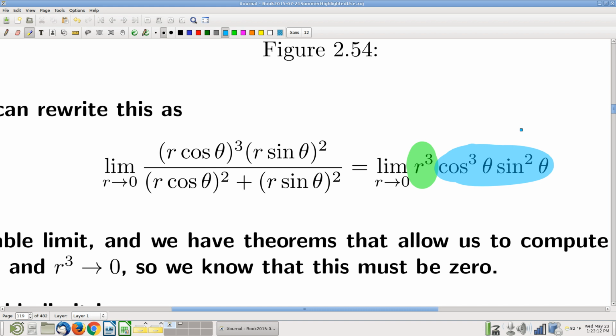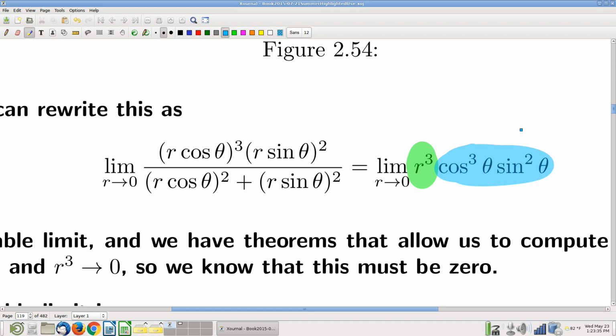Recall from single variable calculus that the limit of a product is the product of the individual limits if those individual limits both exist. Okay. Well, that's not actually going to help us because I don't know what the limit of the blue thing is, right? So that doesn't help.